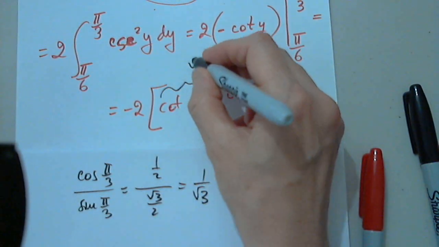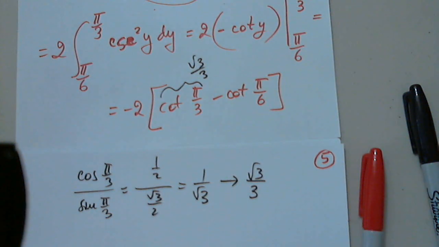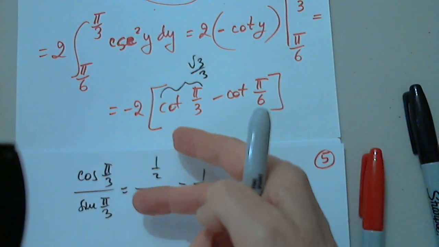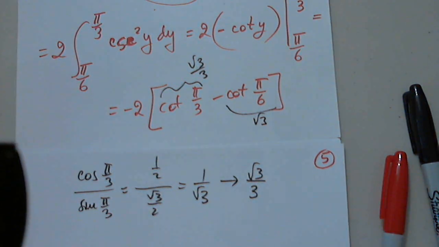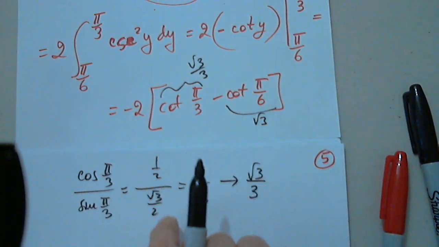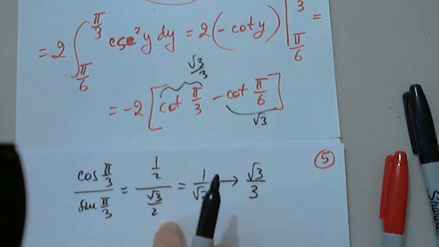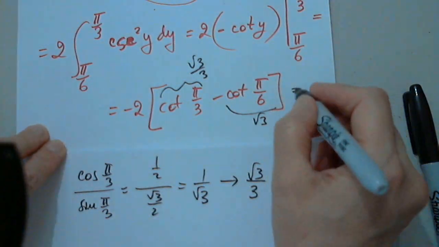The other one is the reverse, so it has to be the square root of 3. Because it will be the square root of 3 over 2 over 1/2. So that's how we get that. So that's our answer.